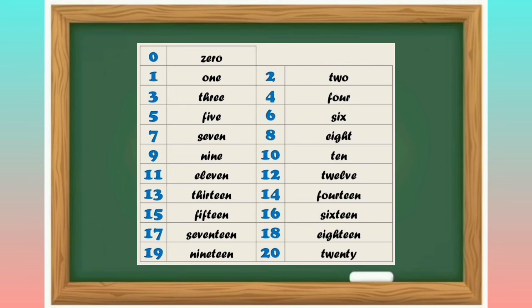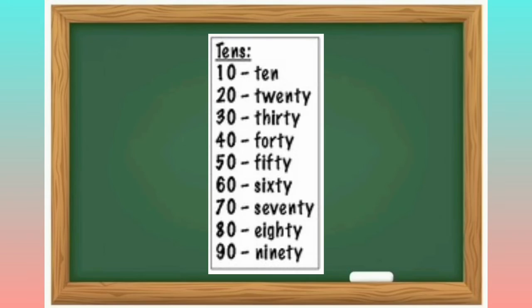Okay, let's move on to counting in tens. The numbers that you can count in tens are 20, 30, 40, 50, 60, 70, 80, and 90.